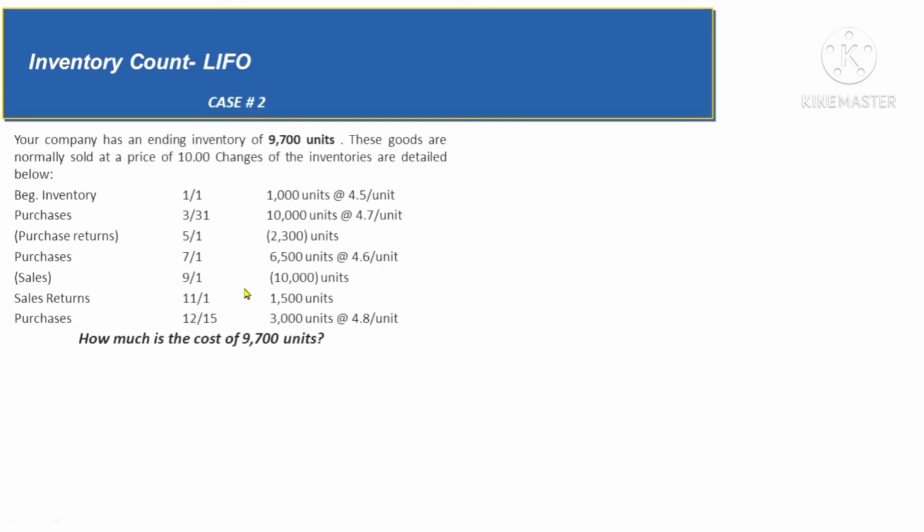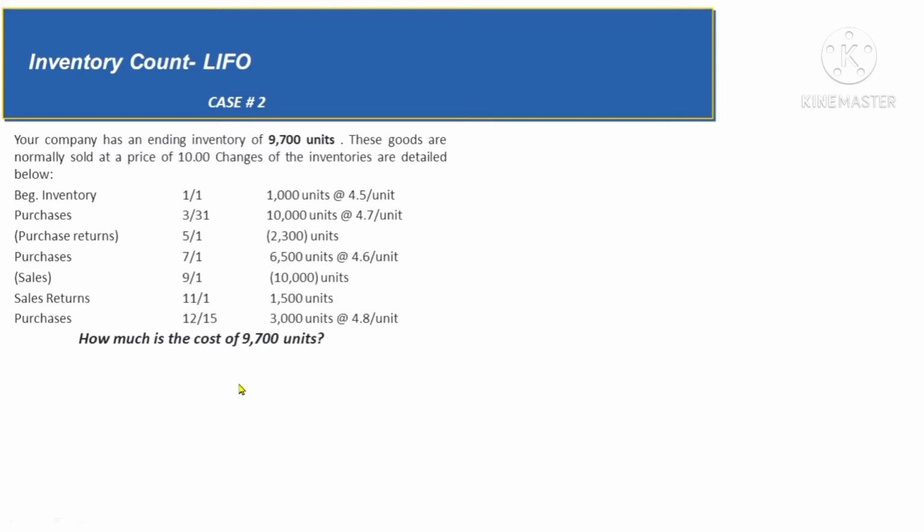Let's start with LIFO or the last in first out. As I have said earlier, last in first out is the complete opposite of FIFO because it assumes that the goods which were purchased last are the ones sold first. So this means that the ending inventories or the unsold inventories come from the earlier batches of goods acquired.